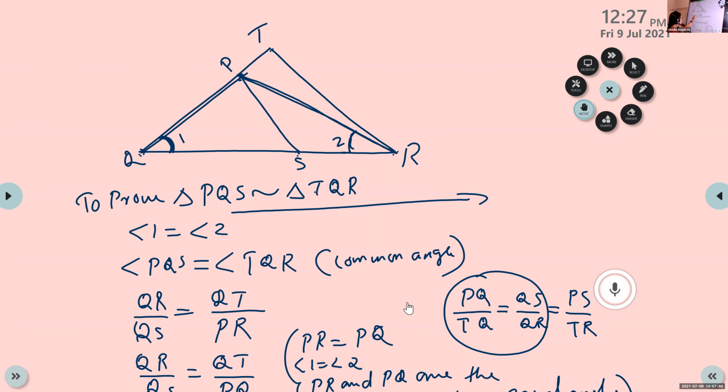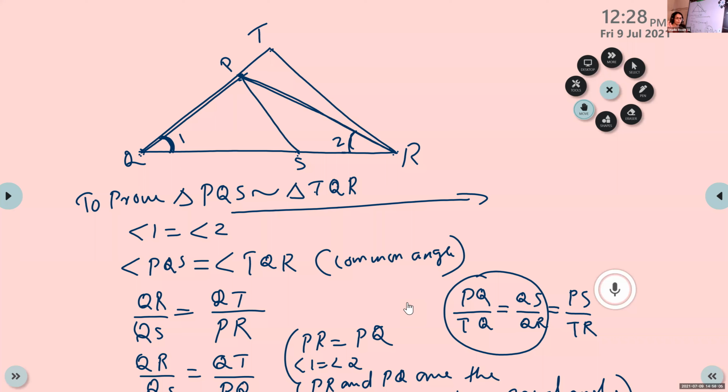To prove PQS similar to TQR, we need PQ by TQ, QS by QR, PS by TR. Given is QR by QS. TQ we have, but PQ we don't have.